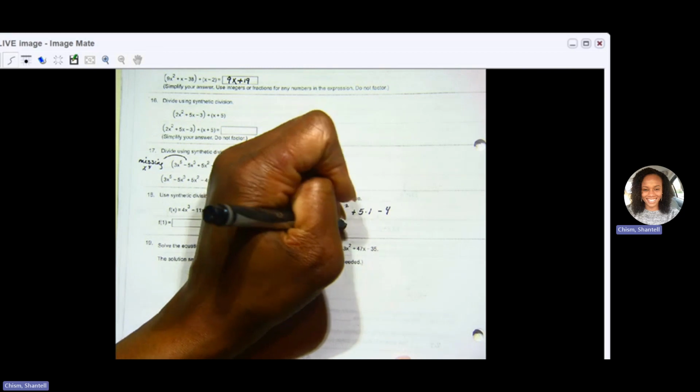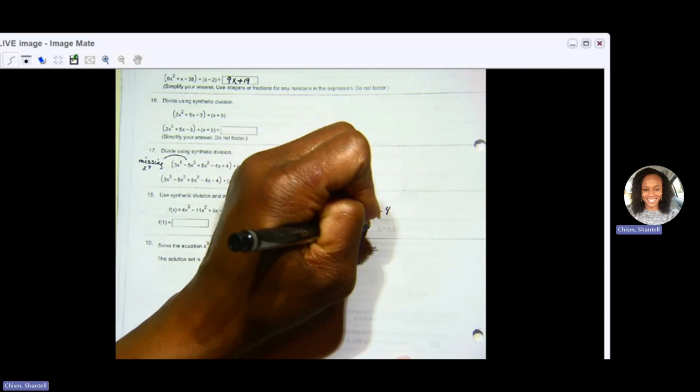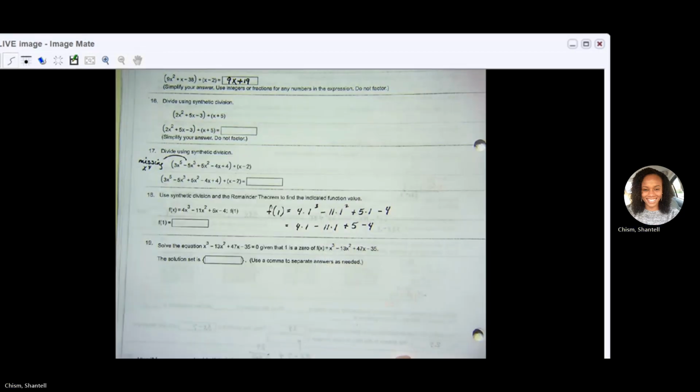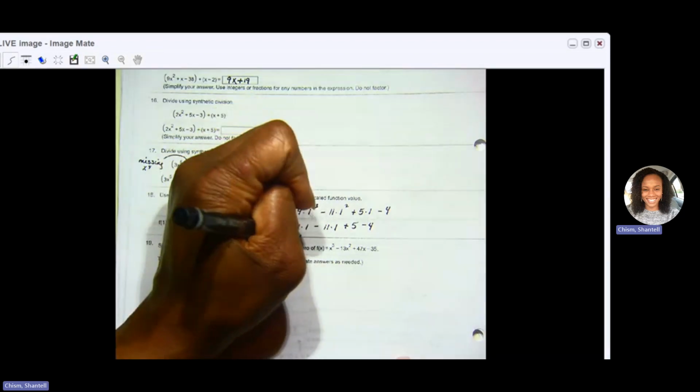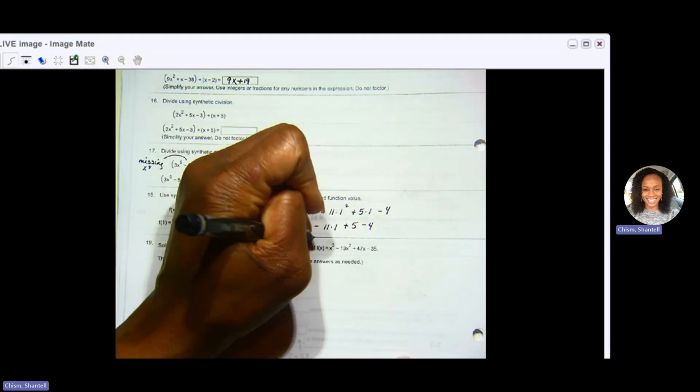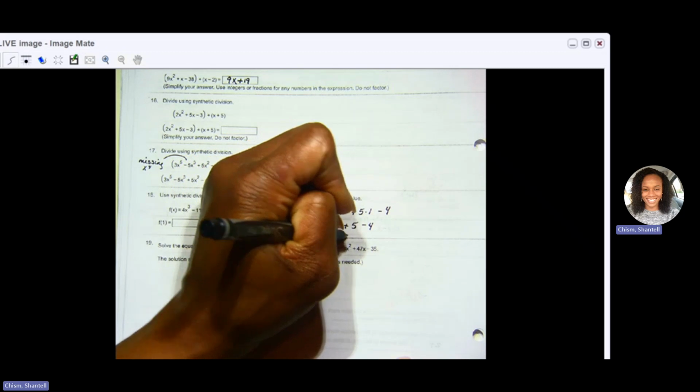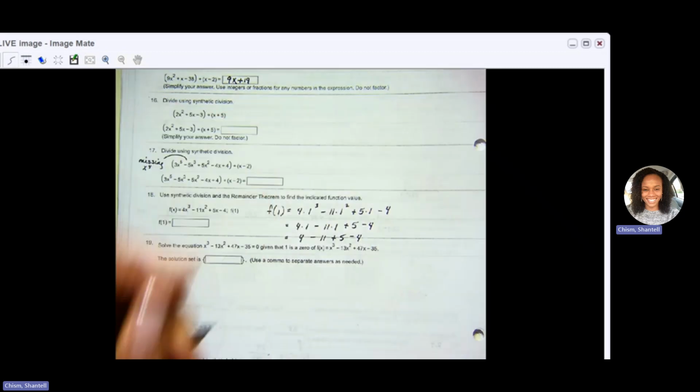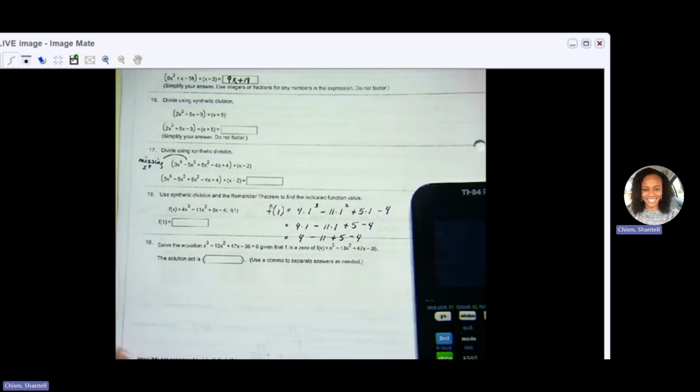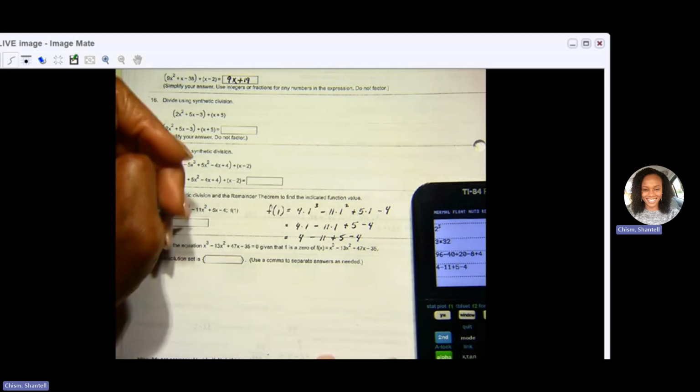And then 5 times 1, that's just 5, and then minus 4. Anything times 1 is still just that number. So that's 4 minus 11 plus 5 minus 4. So 4 minus 11, we'll just put it all in. 4 minus 11 plus 5 minus 4. That gives us a negative 6. Negative 6 is our answer.